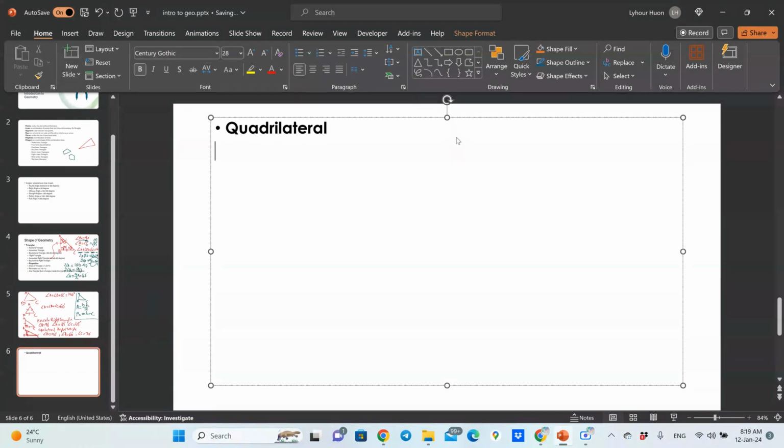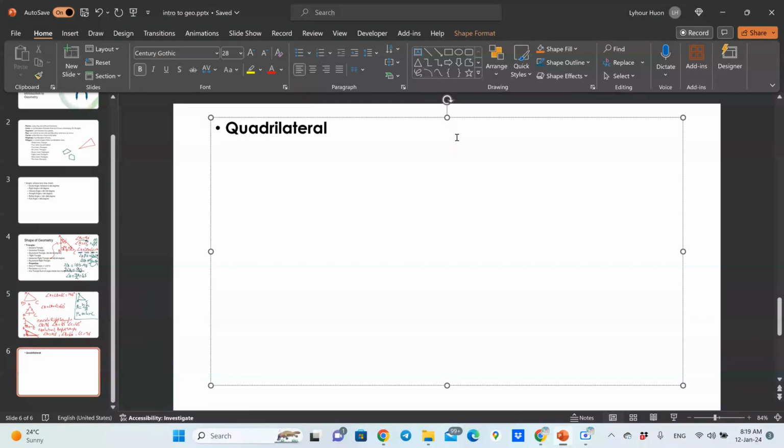We know that a quadrilateral is a closed shape with four sides, right? So what kind of quadrilateral have you already known before? Rectangle, rhombus, square, stuff like that.